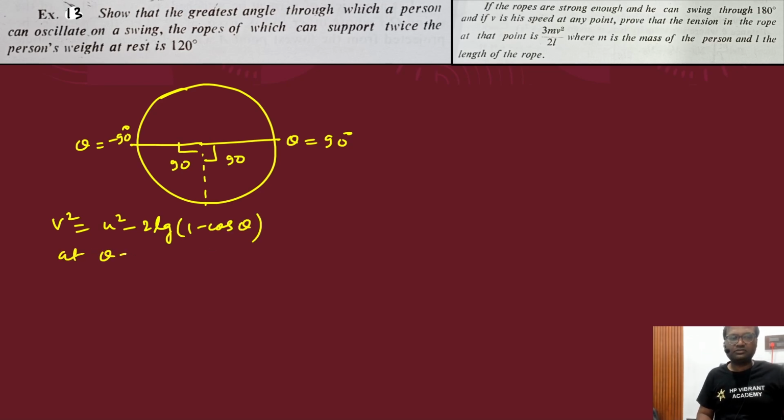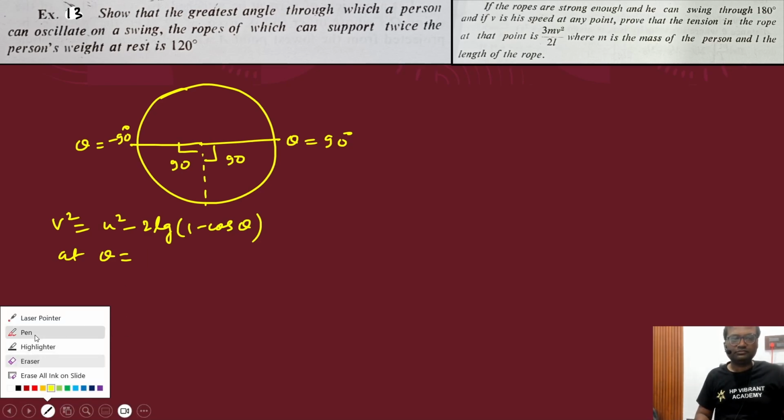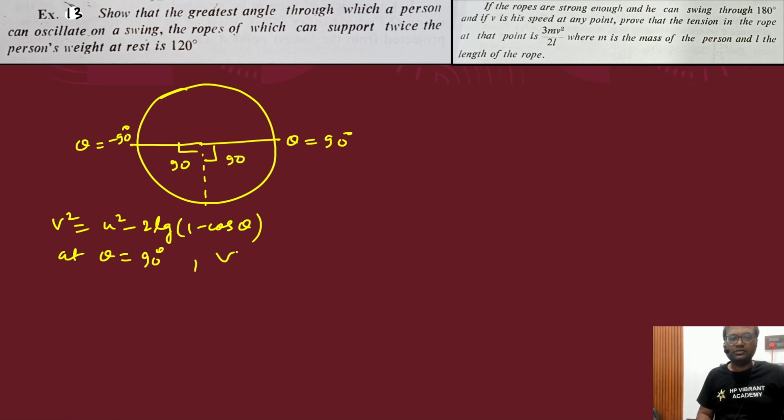So at theta is equal to 90 degree, v is equal to 0. So we have 0 is equal to u square minus 2 lg 1 minus 0. So u square is equal to 2 lg. So u is equal to root under 2 lg.